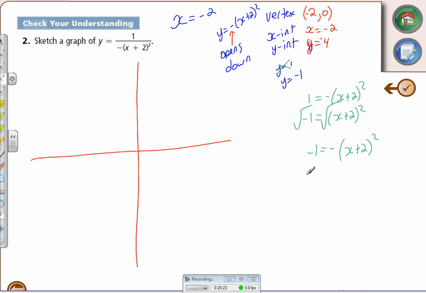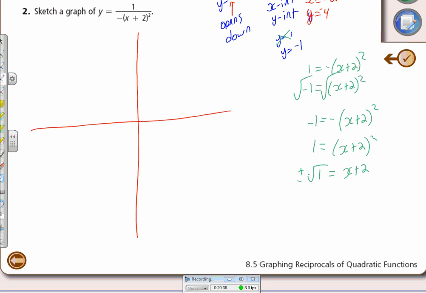Divide over the negative, so we get 1 equals (x plus 2) squared. Taking the square root, it's plus or minus the square root of 1, which is plus or minus 1. So x plus 2 equals plus or minus 1. Subtract that over. x equals negative 2 plus 1, and x equals negative 2 minus 1. So there are two places where we have y equals negative 1: negative 1 and negative 3.